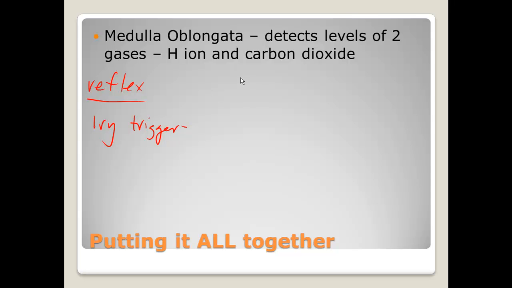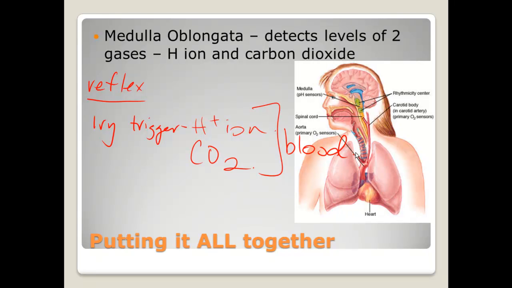So the primary trigger that the medulla oblongata uses to set our breathing rate is the level of the hydrogen ion and the level of carbon dioxide found in the bloodstream. Right? This is not found in the garbage or out there in the air. It's inside of our blood.